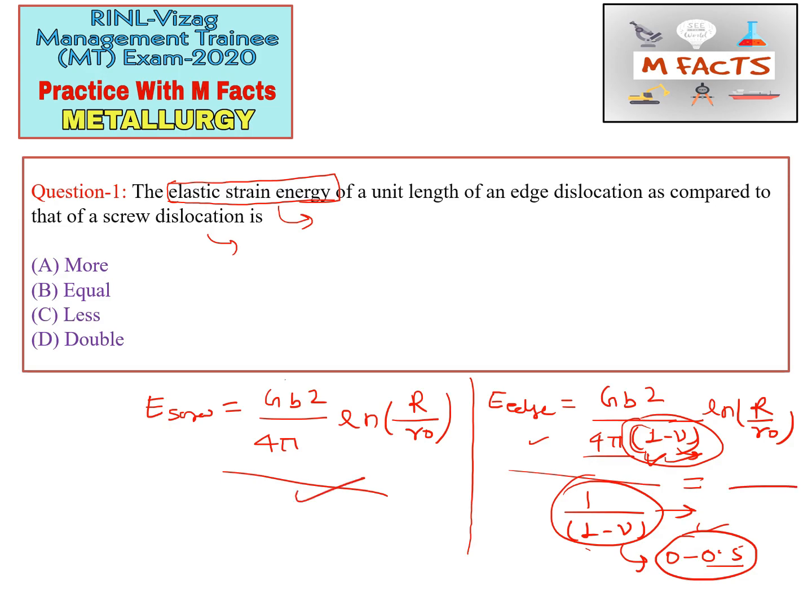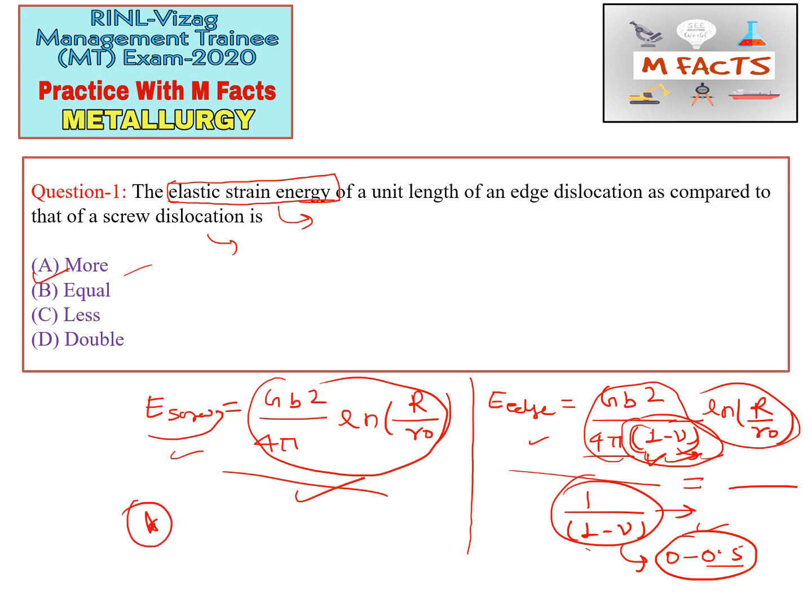So 1 minus nu is the extra term, and this will give more value than the elastic energy of screw dislocation. So the right answer is more. The elastic energy of a unit length of an edge dislocation as compared to that of screw dislocation is more. So A is the correct option for this question.